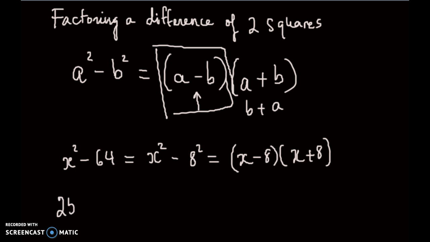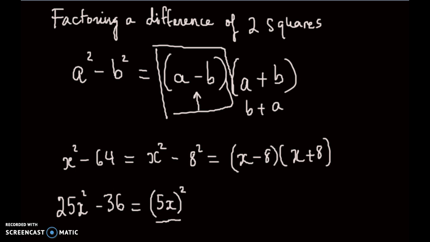Another example would be 25x squared minus 36. This is a little bit tricky, but don't worry about it. Now, you see x squared, and a lot of people forget about 25. What would happen to 25? We know that 25 can be written as 5 squared, right? So this is 5x squared.